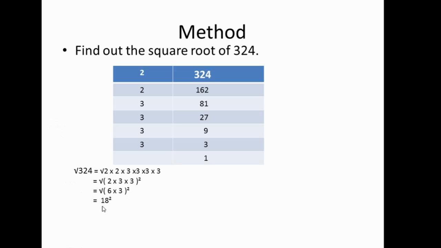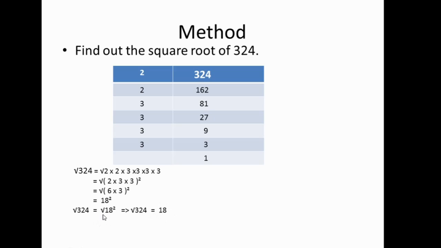Now in the next step, there is 18. 6 multiplied by 3 is 18 square. Now the square root of 324 is equal to the square root of 18 square. This implies that the square root of 324 is equal to 18. How did it become 18?